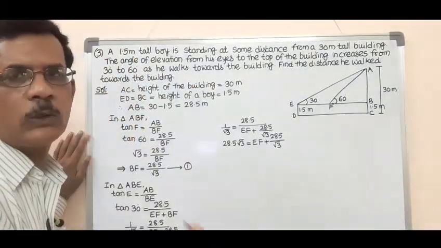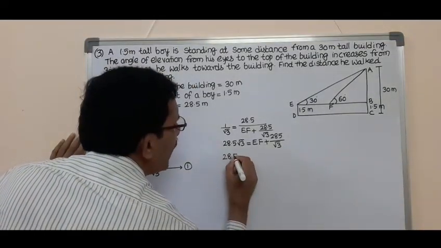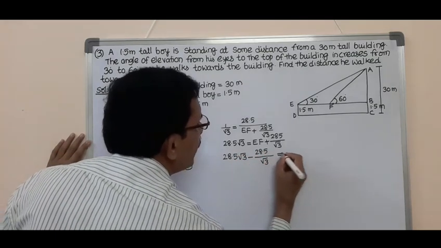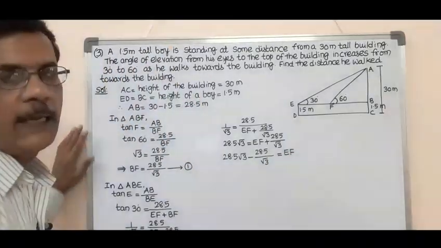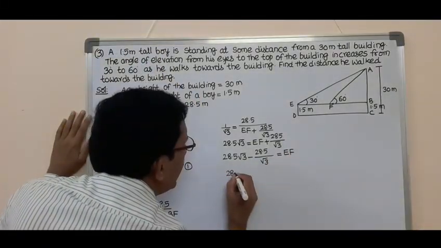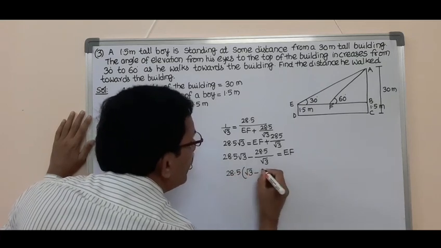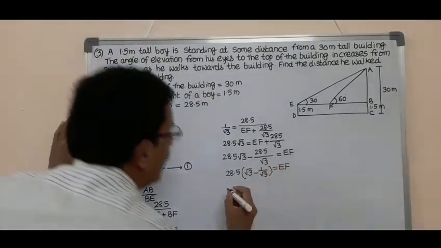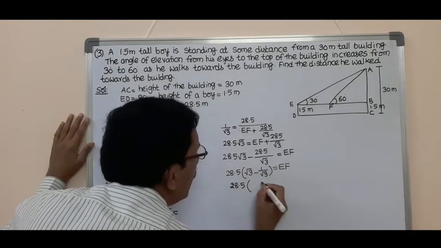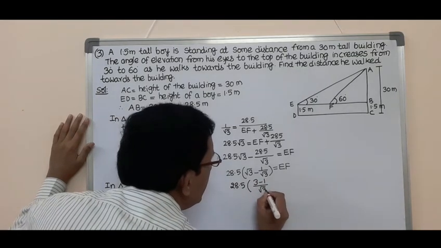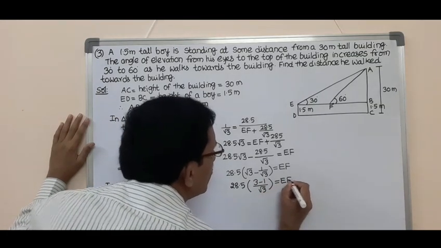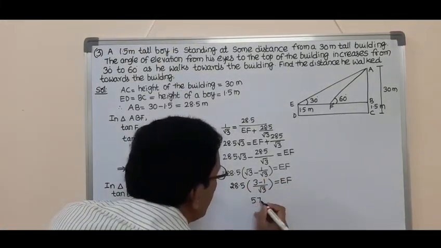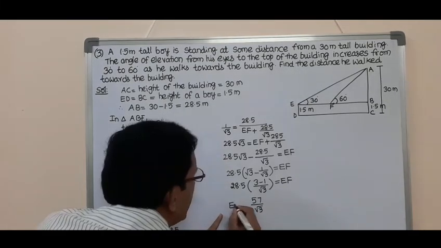Bringing 28.5 by root 3 to the left side. So 28.5 root 3 minus 28.5 by root 3 is equal to EF. Taking 28.5 common, 28.5 of root 3 minus 1 by root 3 is equal to EF. 28.5 into 3 minus 1 by root 3 is equal to EF. 3 minus 1 is 2. 2 into 28.5, 57 by root 3 is equal to EF.